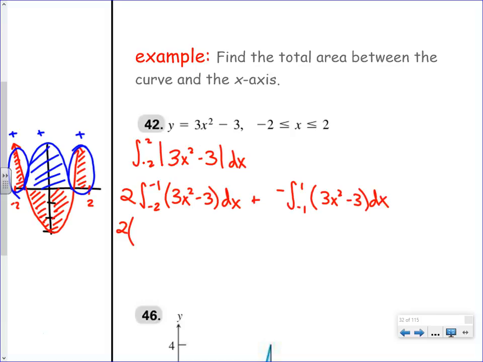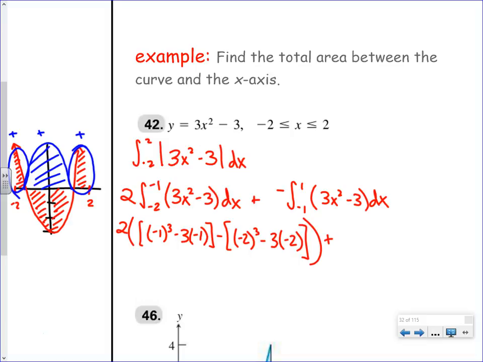We want to get, and we already talked about x cubed minus 3x, right? So we can say x cubed minus 3x at negative 1: negative 1 cubed minus 3 times negative 1, minus, double check me, x cubed minus 3x at negative 2: negative 2 cubed minus 3 times negative 2. Sure?